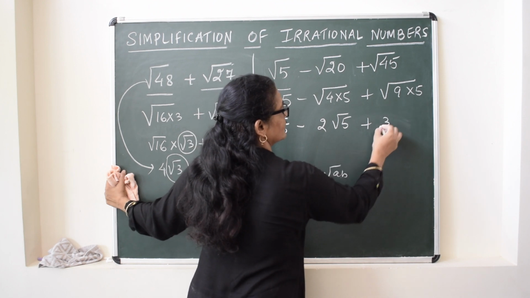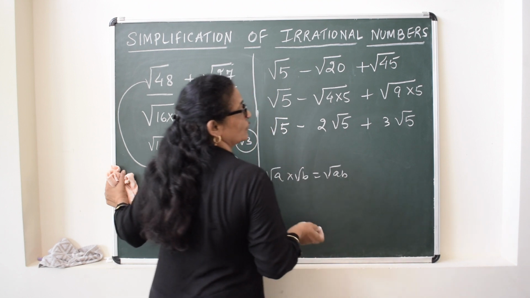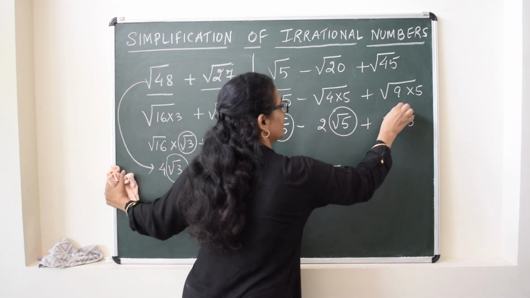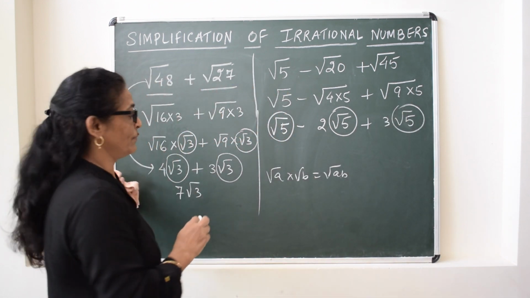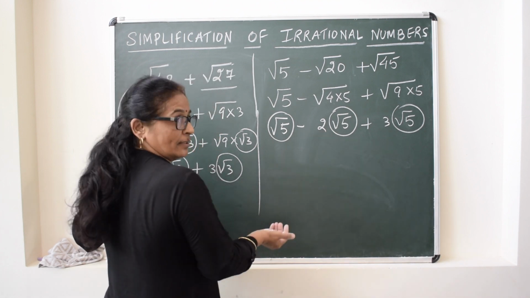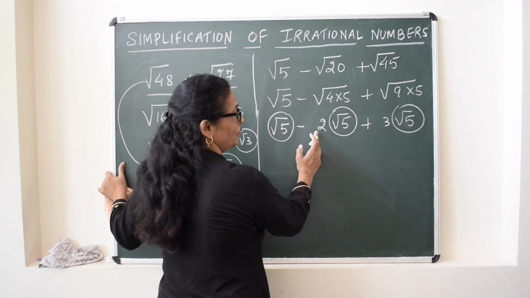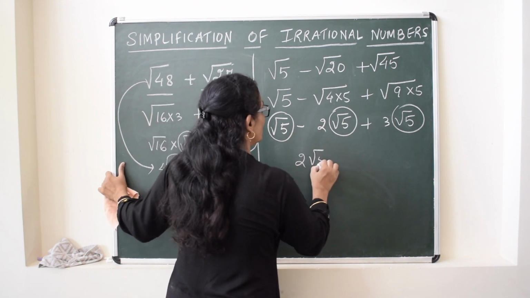Root 9 will come as 3. So this is left out, root 5. So we can now combine because their irrational factor is the same, either directly or by using the distributive property. 1 minus 2 is minus 1 plus 3. So it is 2 root 5.